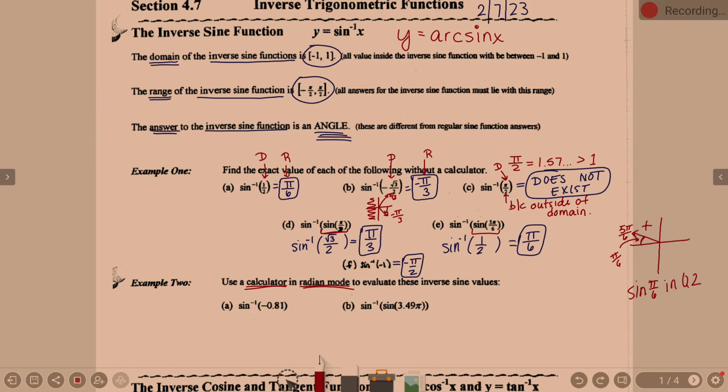General rule of thumb, anytime you are working with trig functions, unless you know you have a degree you're being given, you need to be in radian mode. Now, how do I do sine inverse of negative 0.81? Do I have to do the sine and then make it negative 0.81 and then put the negative 1 on top, or just use the sine negative 1?